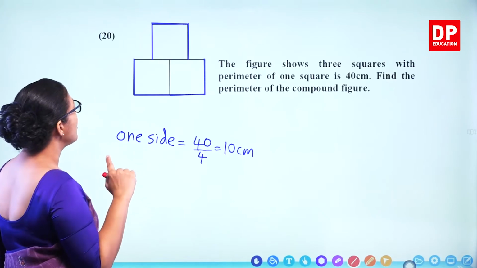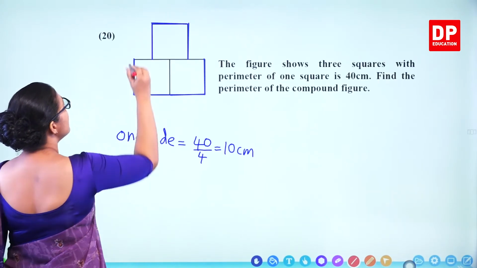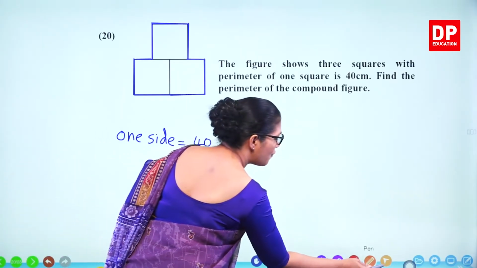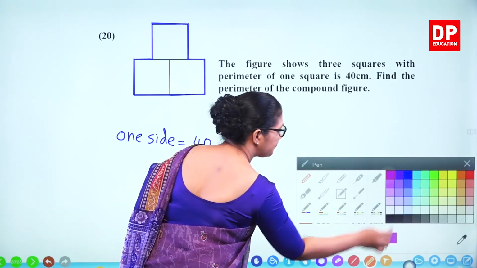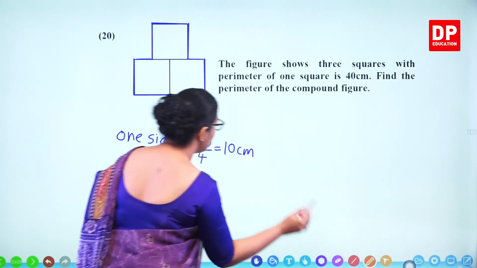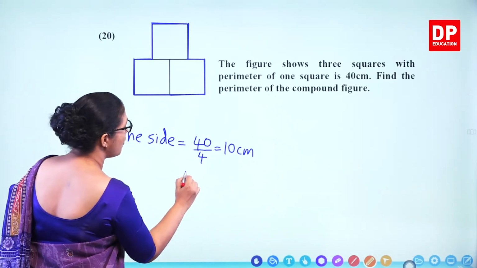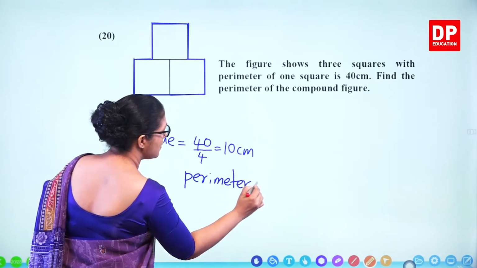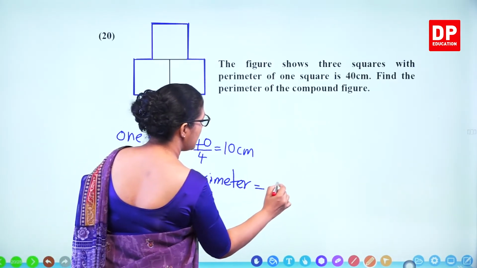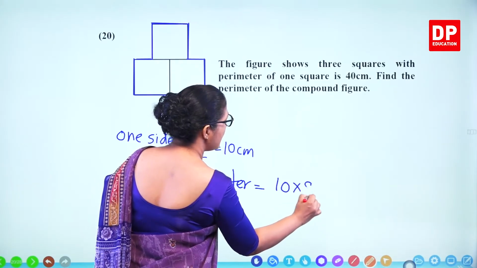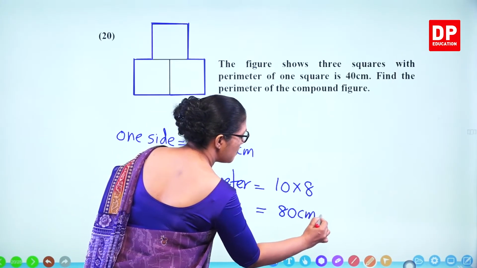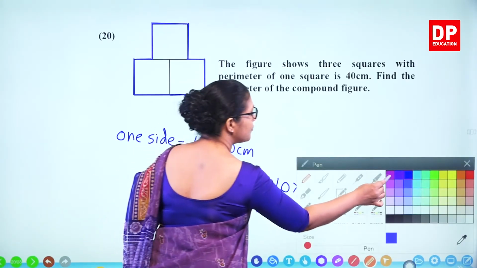So 1, 2, 3, 4, 5, 6, 7 and these two become 8. 8 of 10 centimeter lengths. So you can write down the perimeter of the compound figure, composite figure. Perimeter, 10 is one side. So you get 8 sides like that, 80 centimeters. 2 marks.